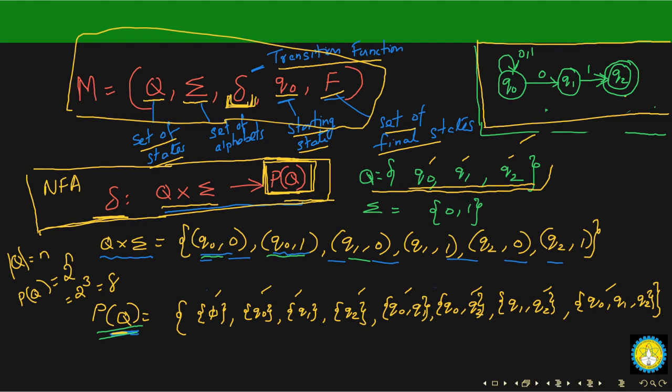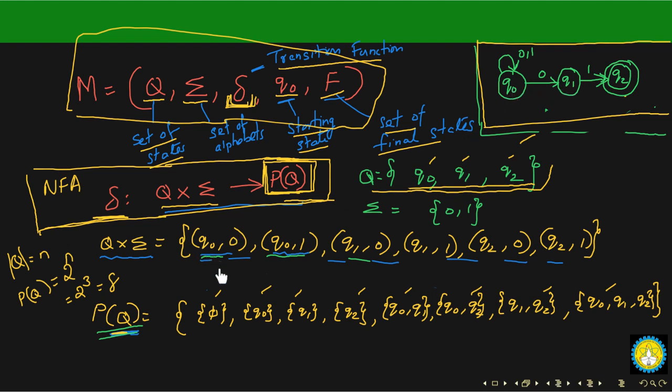If you look at Q0, let me take my pointer. From Q0, on 0, what should we do? Q0 on 0, you have two possibilities. You can either go to Q0 itself or go to Q1. So when you get a simple 0 at Q0, then you have two possibilities.